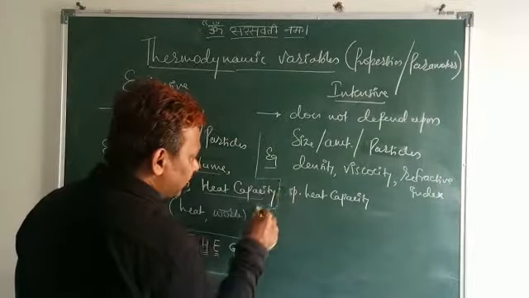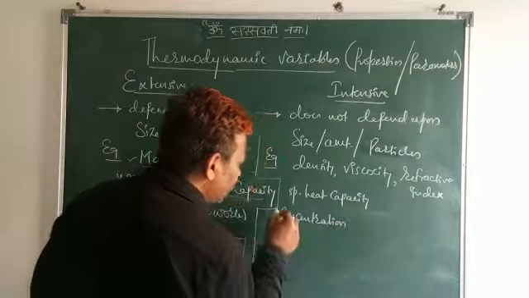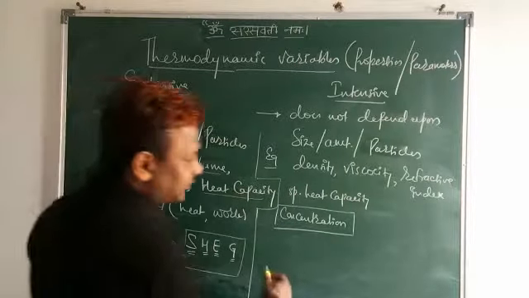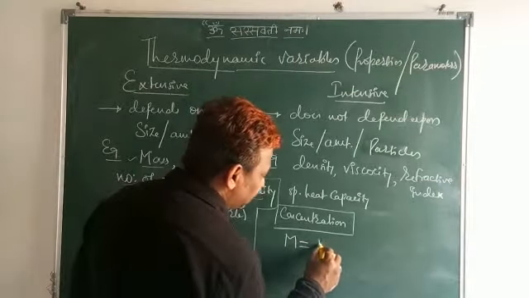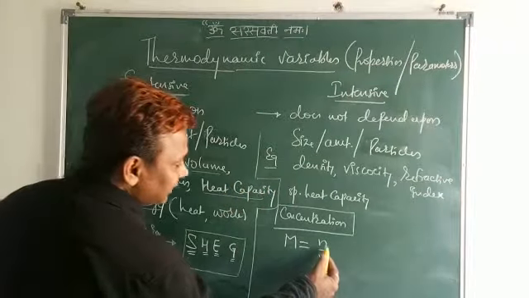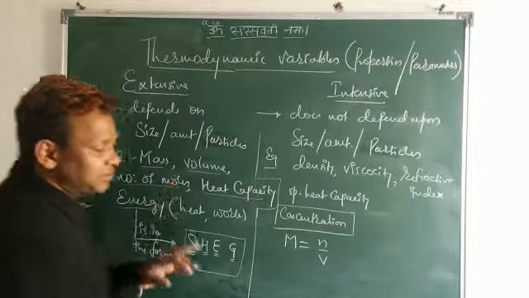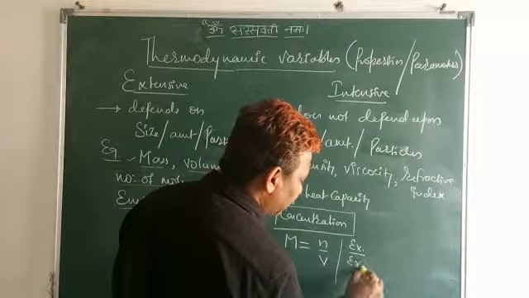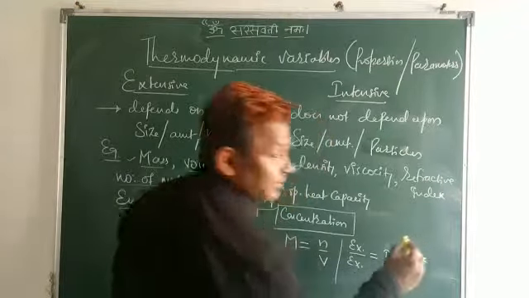One more very good and common example I want to tell you is concentration. It is a very important term: concentration also comes under intensive property. Concentration, for example, capital M, molarity. Molarity is nothing but the number of moles present in a liter of a solution. One more point to remember: N, the number of moles, is an example of extensive, and V is volume, also extensive. The ratio of two extensive properties becomes an intensive property.